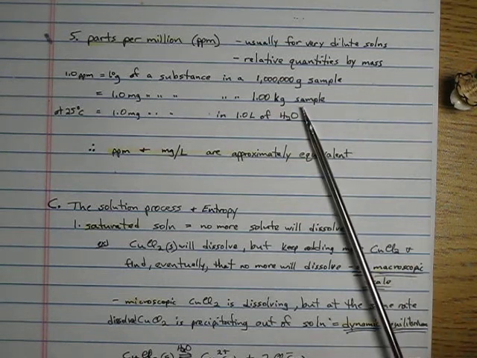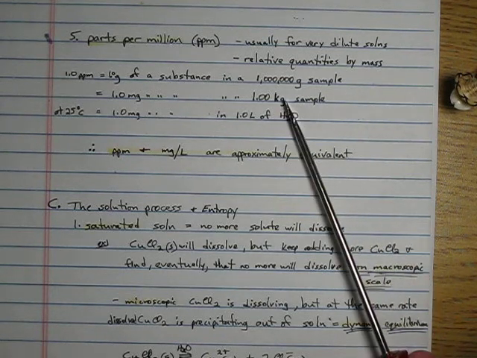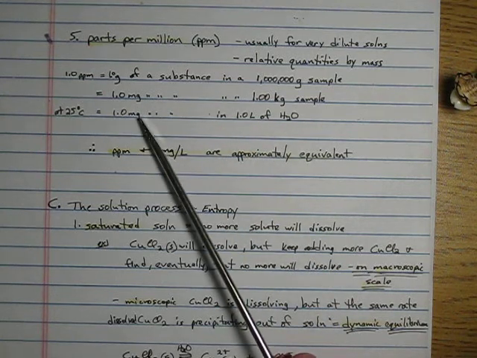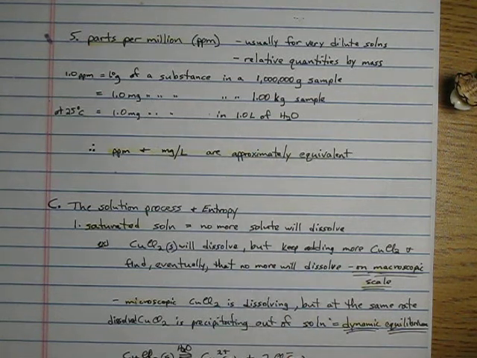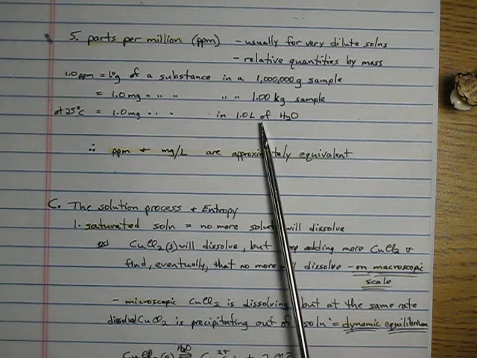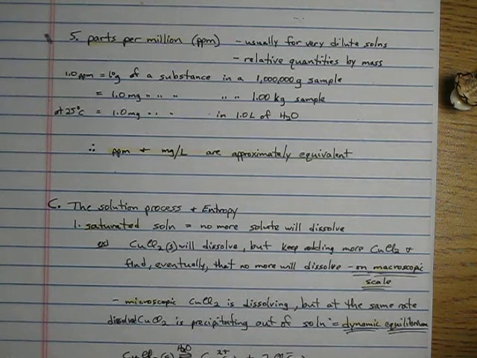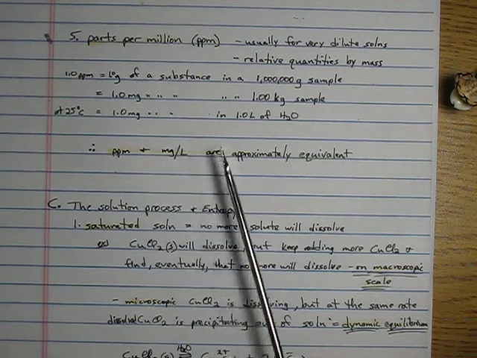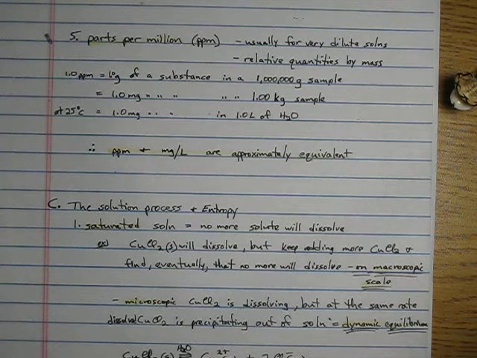And recall, when you're dealing with water, 1 kilogram of water is essentially 1 liter of water. That means 1 part per million would be 1 milligram of the substance in 1 liter of water. You've used the balances, I'm sure. 1 milligram is a very tiny amount. 1 liter of water is a fairly decent amount of water. So put 1 little milligram of a substance in a whole liter of water, and that would be 1 part per million. So parts per million and milligrams per liter are approximately equivalent.